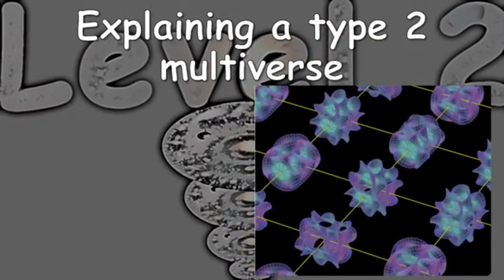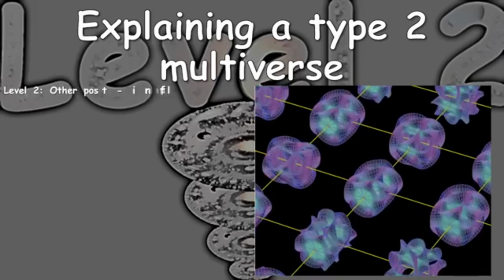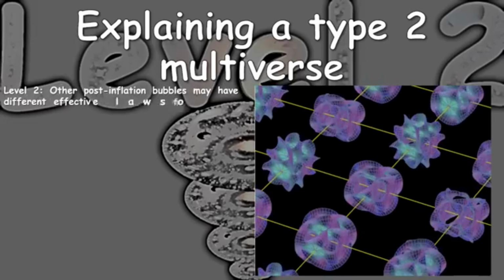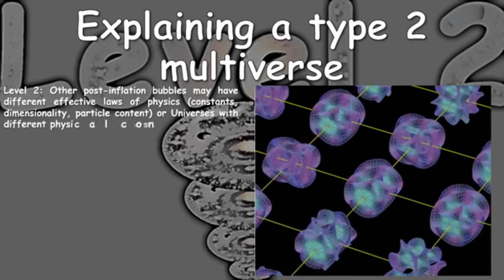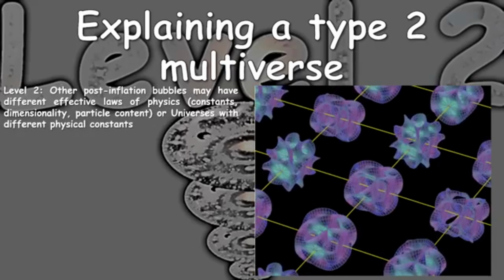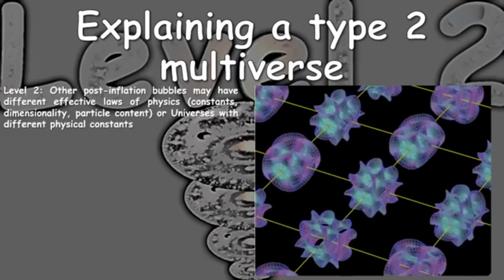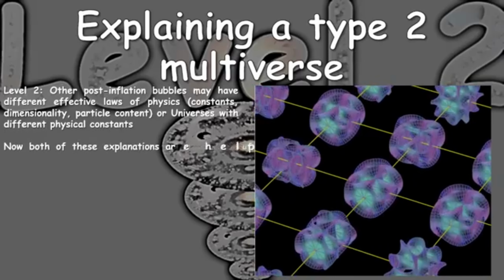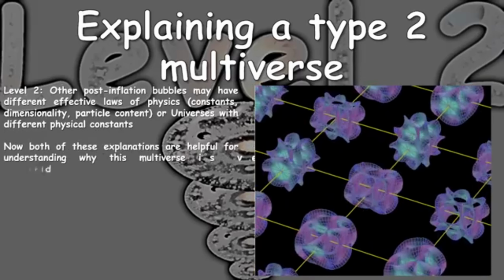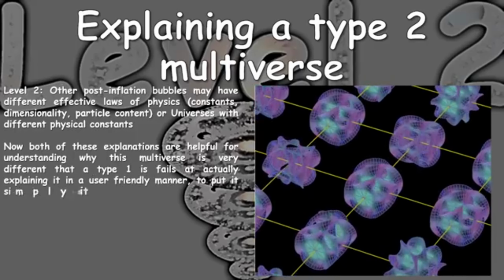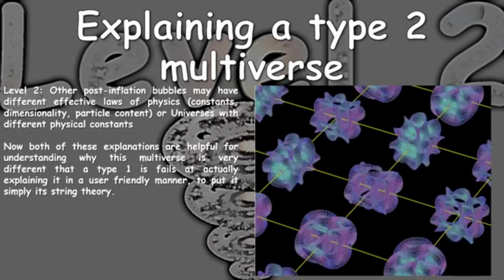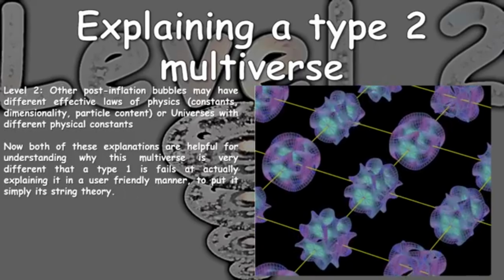Now let's explain a Type 2 multiverse. Level 2: other post-inflation bubbles may have different effective laws of physics, constraints, dimensionality, particle content, or universes with different physical constants. Now that description is very well explained for people who are scientific, as you know what the difference between a Type 1 and Type 2 multiverse is, based on their properties.